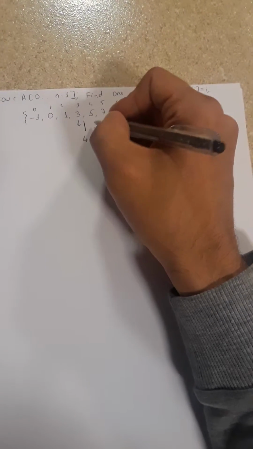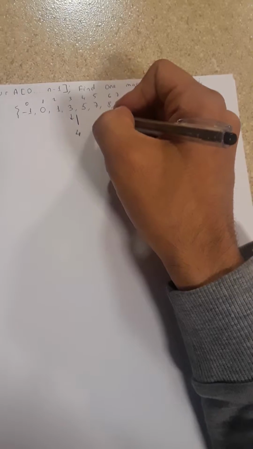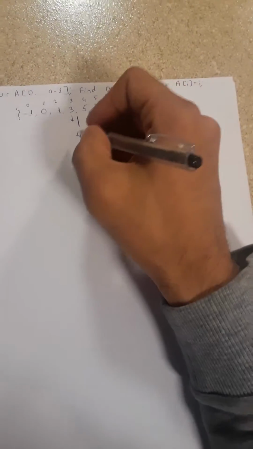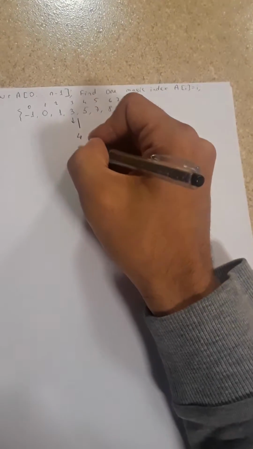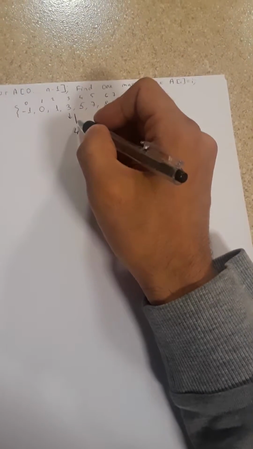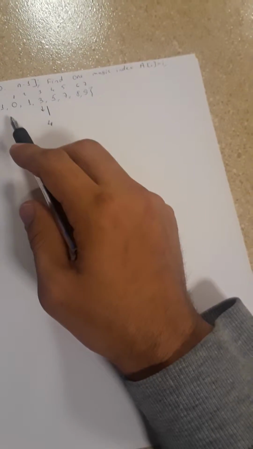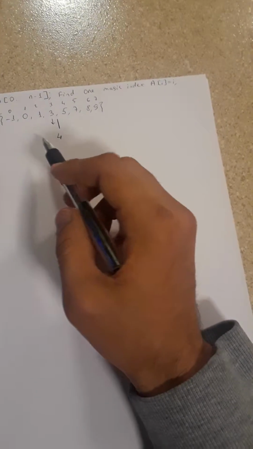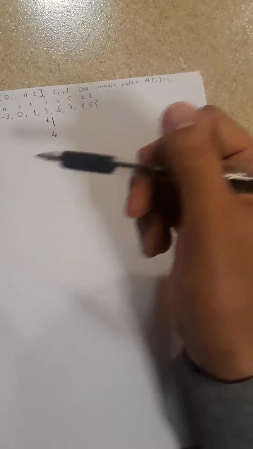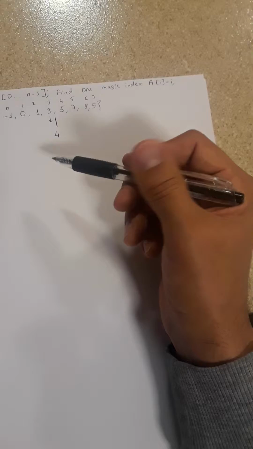Once we see that it's not equal, we just need to decide which half of the remaining array we need to continue to search for our magic index value.